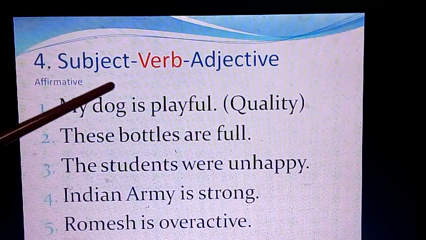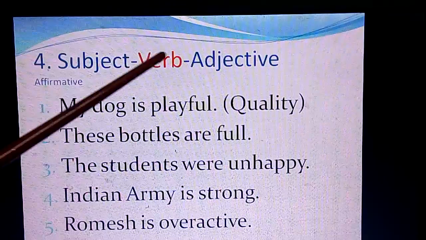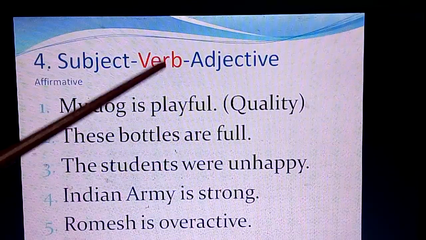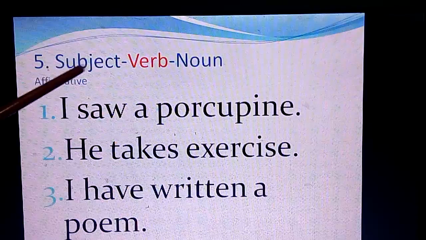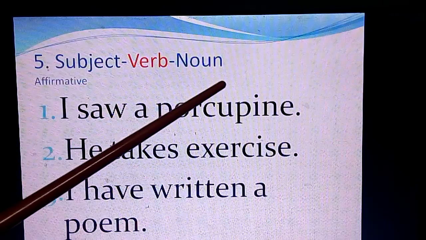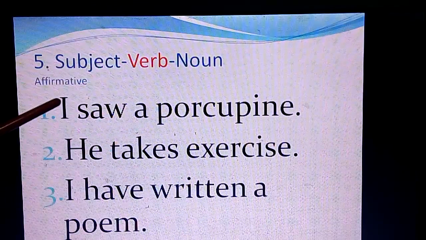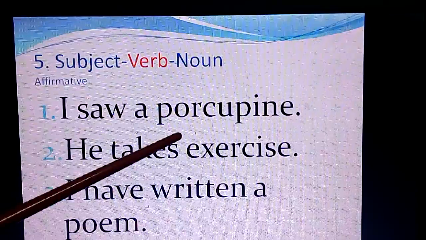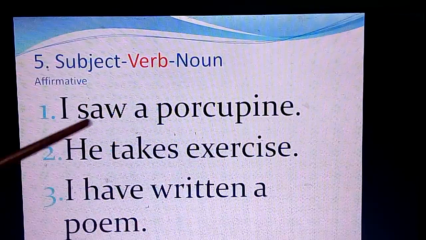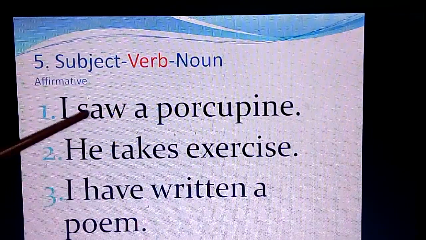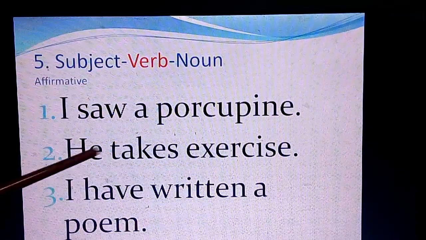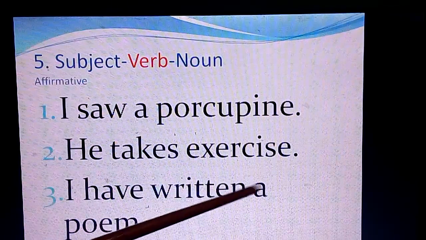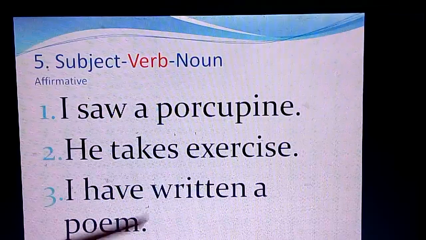So I hope you can make this type of sentences as well, taking is, am, are, or was, were in the forms of be. Now subject, verb, noun. So I saw a porcupine. I saw an animal. I saw a porcupine. He takes exercise. I have written a poem.